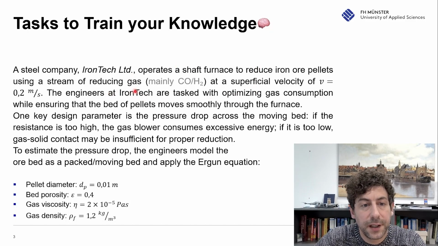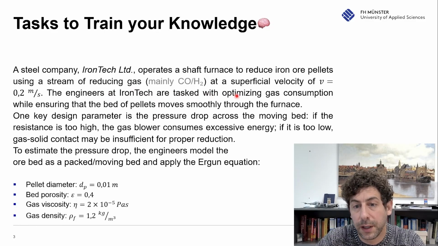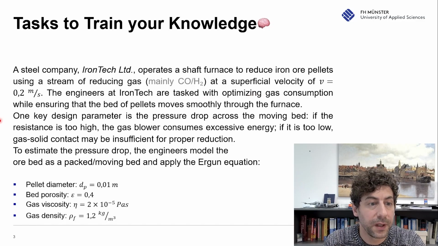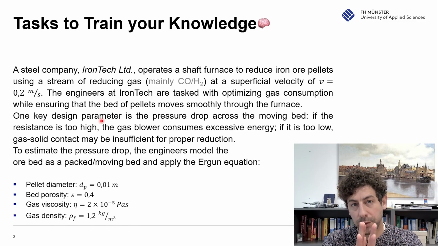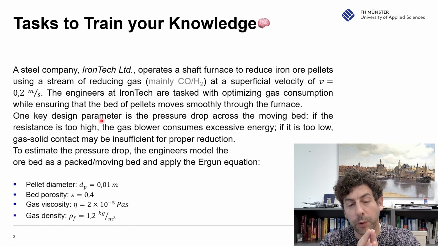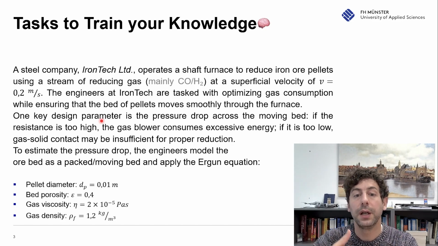So the engineers at Iron Tech are tasked to optimize the gas consumption while ensuring that the bed of pellets moves smoothly through the furnace. One key design parameter is the pressure drop across the moving bed. Of course we have friction with the gas, or resistance from the bed, and this is why we have a pressure drop along the bed.